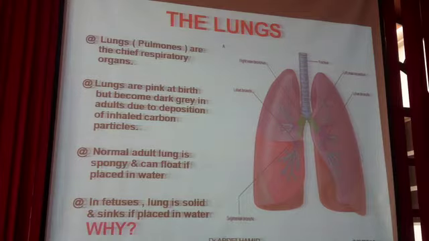Unborn baby. Excellent. Newborn is the baby after birth, but the fetus is the one before birth. Its lungs are not spongy. The same feeling as liver, soft tissue. It has no air inside.